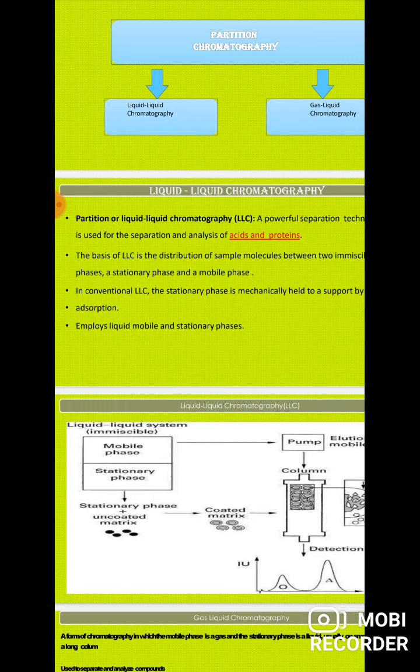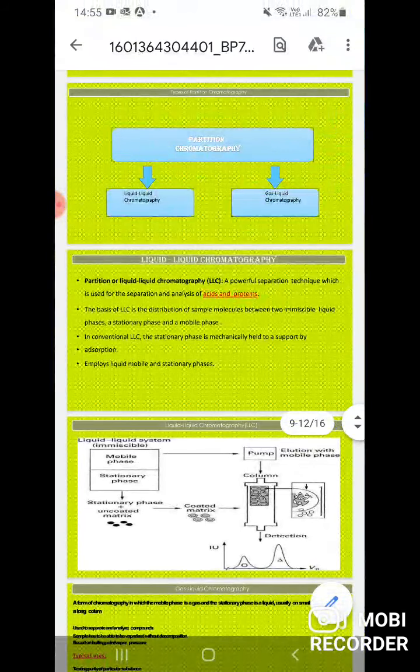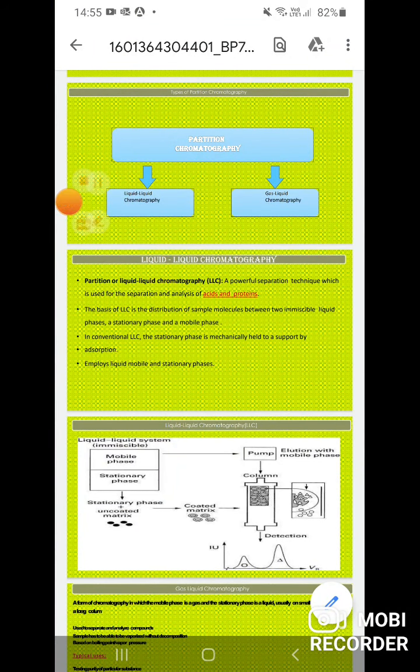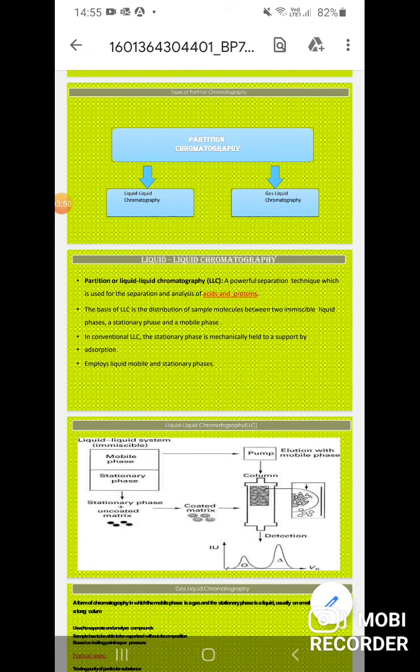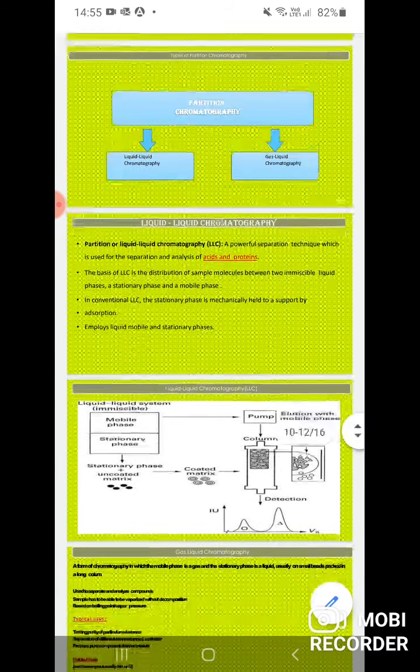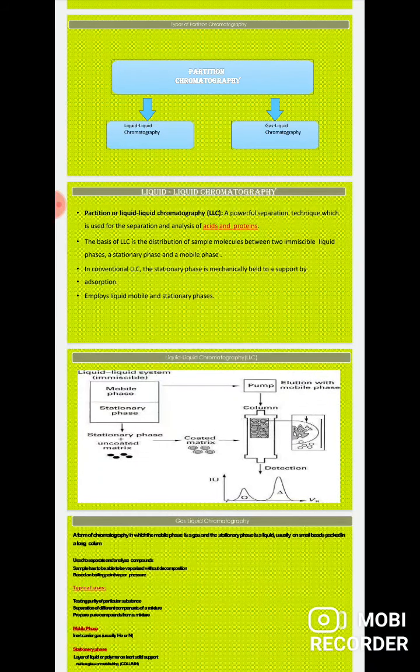In liquid chromatography, the mobile phase is liquid and the stationary phase is also liquid, whereas in gas-liquid chromatography, the stationary phase is liquid and the mobile phase is gaseous. Gas-liquid chromatography is mainly done for the separation of volatile substances, whereas liquid chromatography is used for the separation of non-volatile substances.